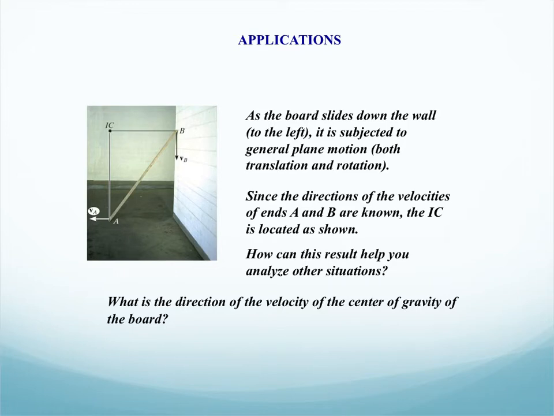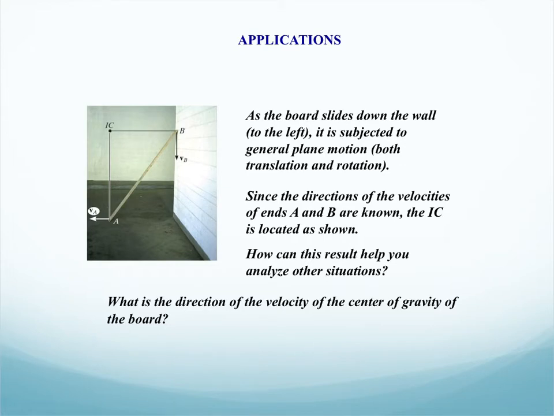And we can use that fact to figure out where the instantaneous center is. So here we have this board propped against the wall, and we know that it's going to slide down the wall. So we know that point B, which is along the wall, is going to eventually have a velocity downward, and we also know that point A, which is on the floor, is going to slide out.